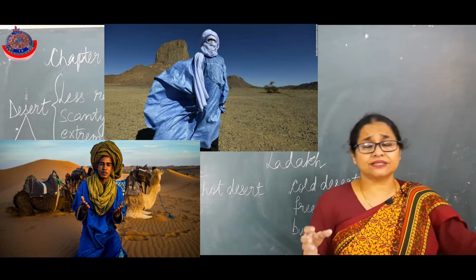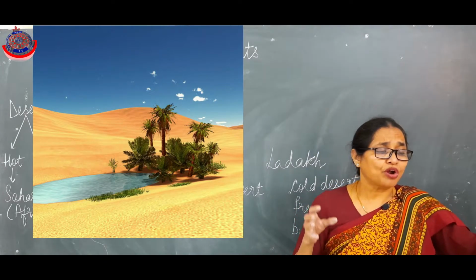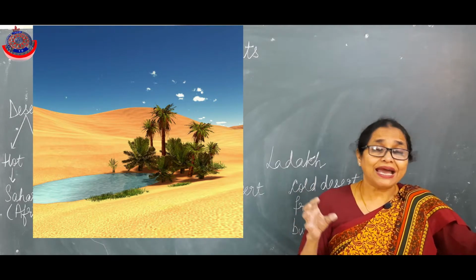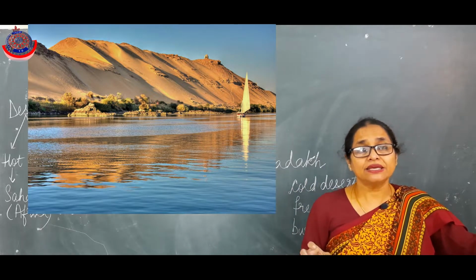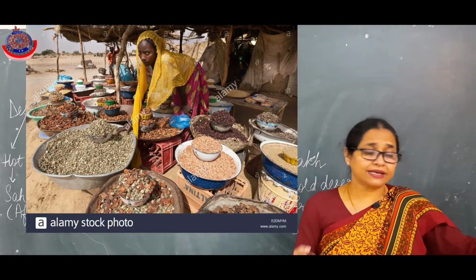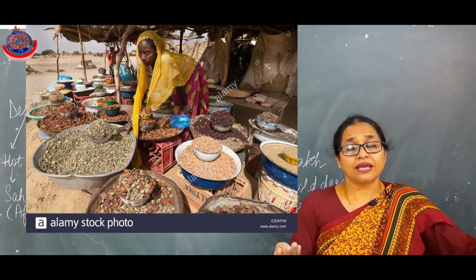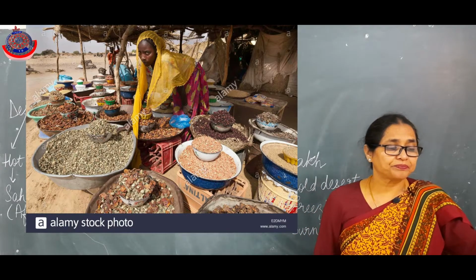People in the desert of Sahara get water from the oasis and the Nile Valley in Egypt. They grow crops like rice, wheat, barley and beans.